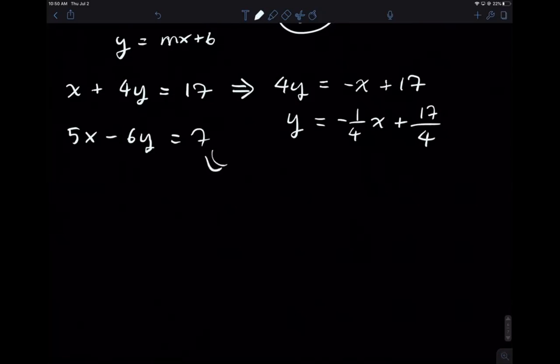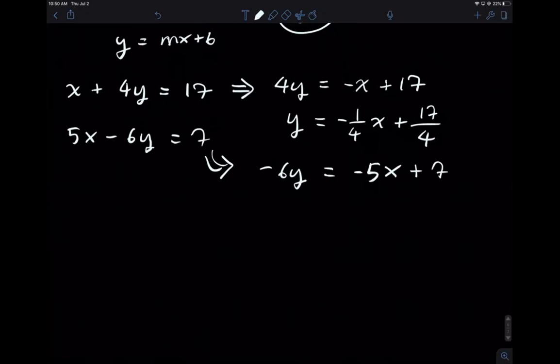Okay. And then let's just do the other one. Ryan, can you go over this one? 5x minus y equals 7. It's negative 6y equals 7 minus 5x. And then divide that. Wait, can it be 6y equals 5x minus 7? Yeah, exactly. Or we could do it in one step: just divide both sides by -6.